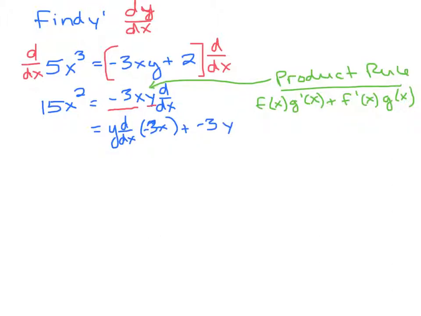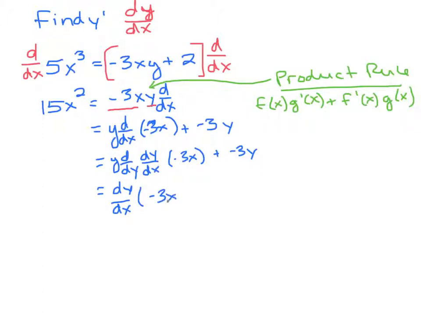Now remember, we've got to take the derivative of y with respect to x. Remember that little trick we used last time? So we got d over dy of y, times dy dx. The derivative of y with respect to y is just 1. So we have 1 times dy dx, so it's dy dx times negative 3x minus 3y. And this all equals 15x squared. Now we just got to solve for dy dx.